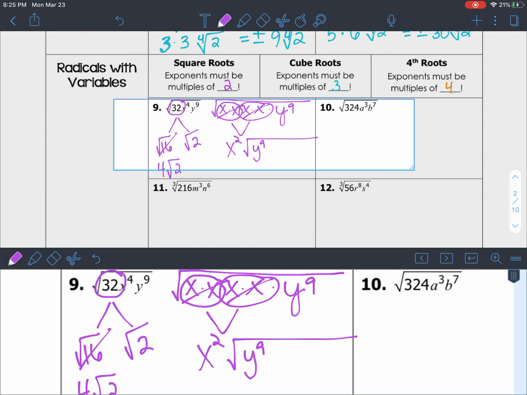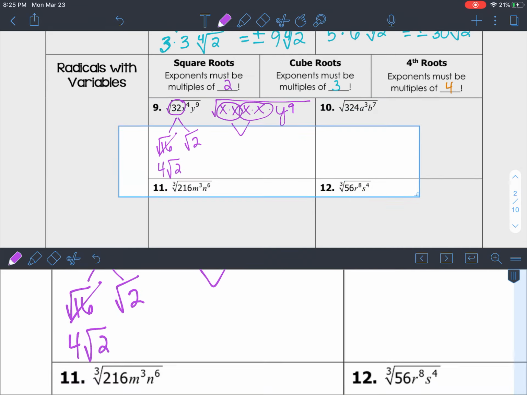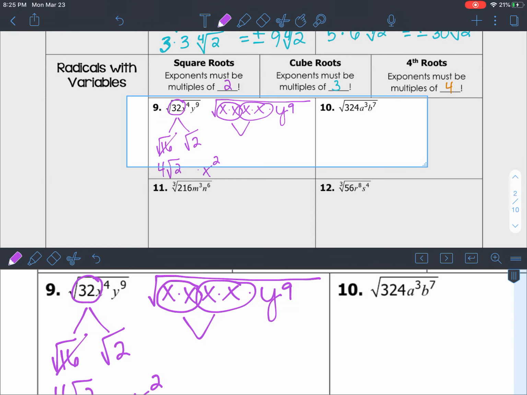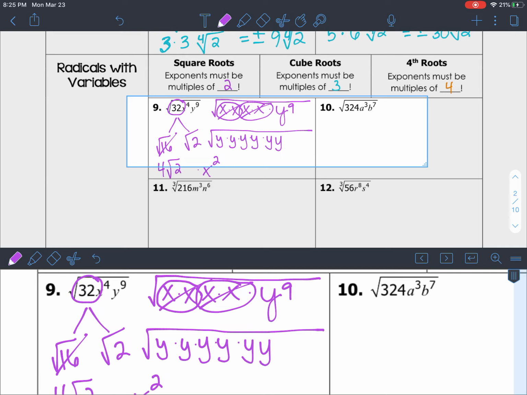So now we need to talk about what happens with this y to the 9th. I need to think about how many pairs of y's there are in y to the 9th. Let me make this a little bit smaller so that I have some room to draw out those 9 y's. We also have an x squared out now. So let's talk about these 9 y's: 1, 2, 3, 4, 5, 6, 7, 8, and 9.